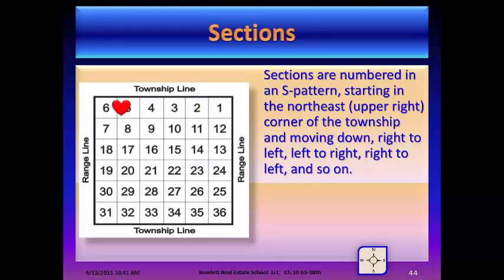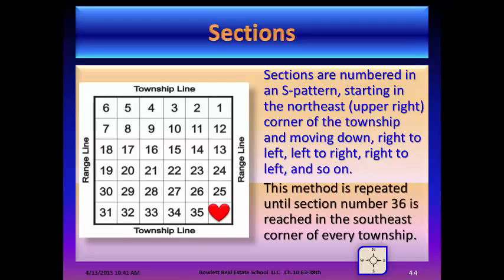Sections are numbered starting in an S pattern, starting in the northeast upper right corner of the township, and moving down, right to left, left to right, right to left, and so on until you reach section 36. And this right here is the grid you will need for the state test. You will need to remember how it is numbered and how you move down. This method is repeated until section number 36 is reached in the southeast corner of every township.